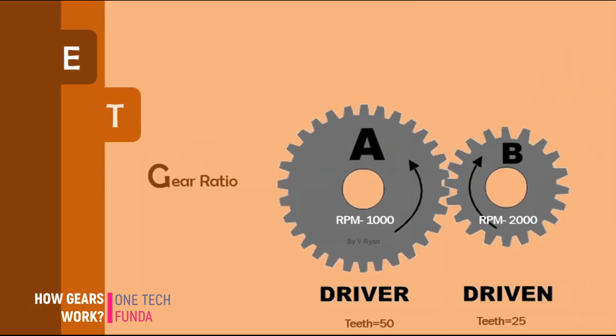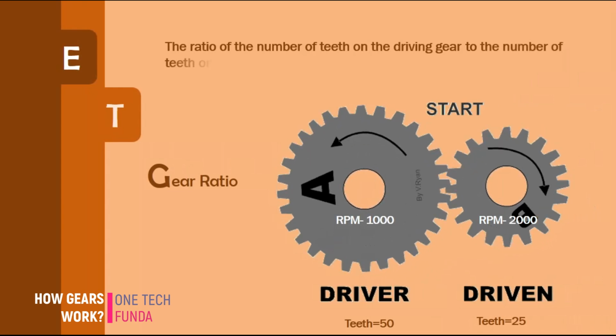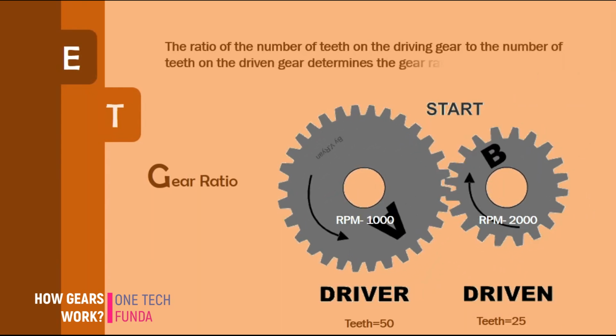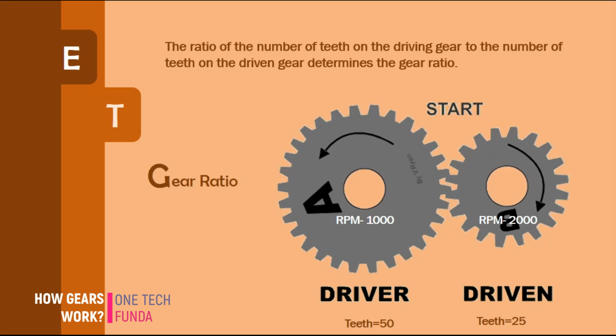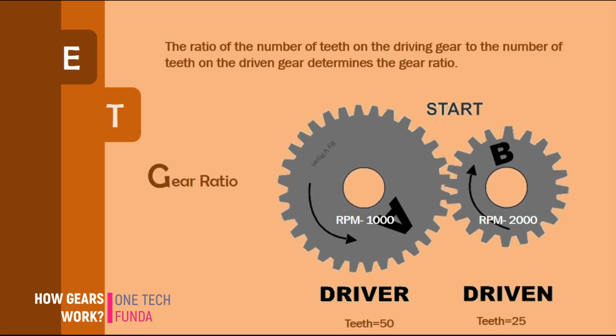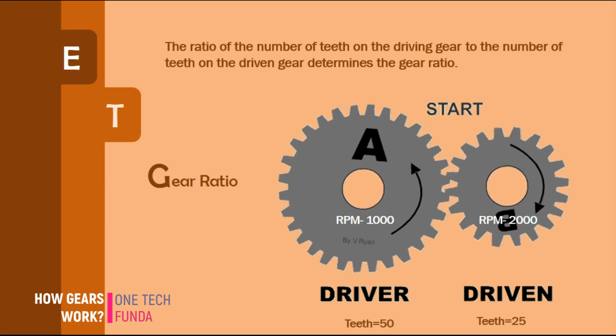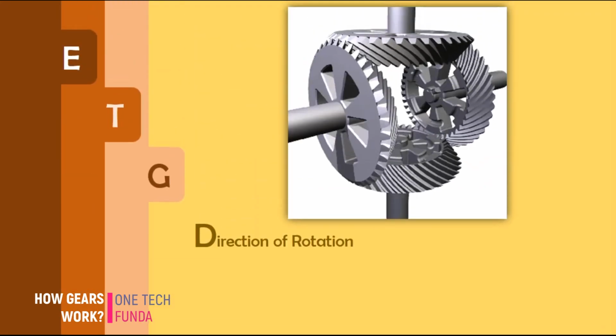Gear ratio. The ratio of the number of teeth on the driving gear to the number of teeth on the driven gear determines the gear ratio. For example, if the driving gear has more teeth, then the driven gear will rotate faster than the driving gear. Direction of rotation.